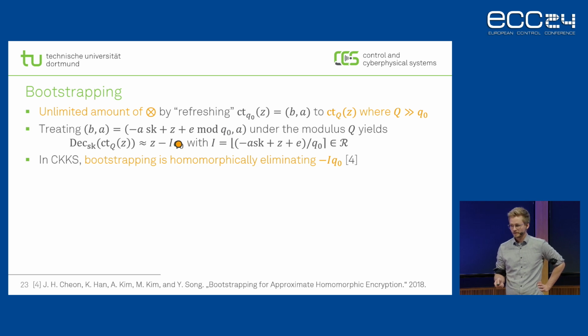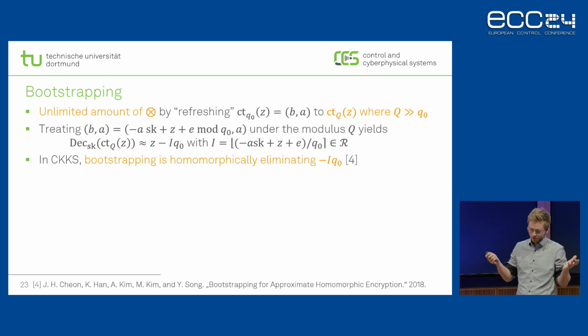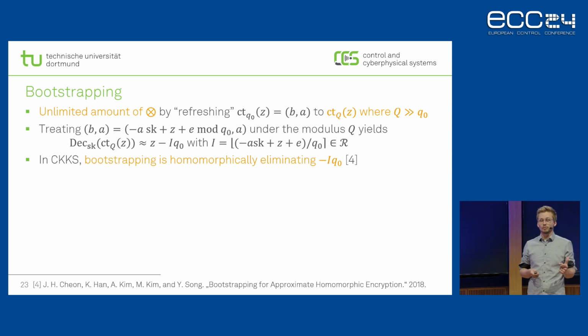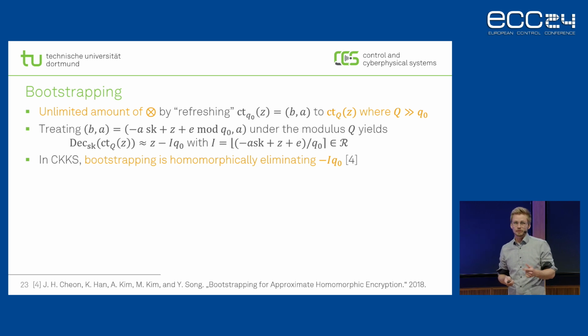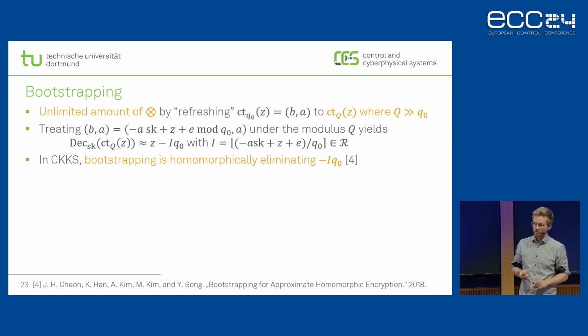But in this case, because we have now defined a larger modulus, the larger modulus does not affect the smaller term. So we need to get rid of it. And in CKKS, bootstrapping is really a homomorphic way to eliminate this additional term that would be reduced by the modulo Q0 reduction.